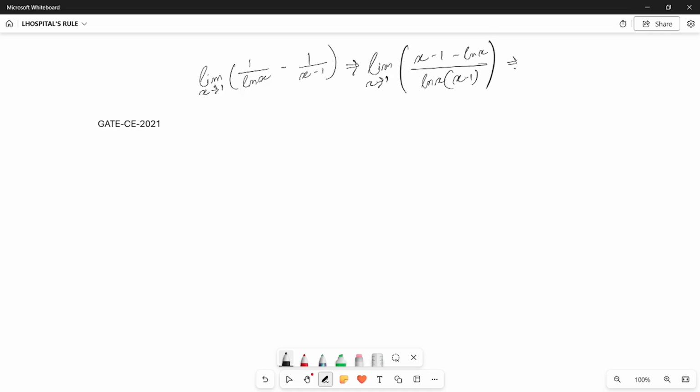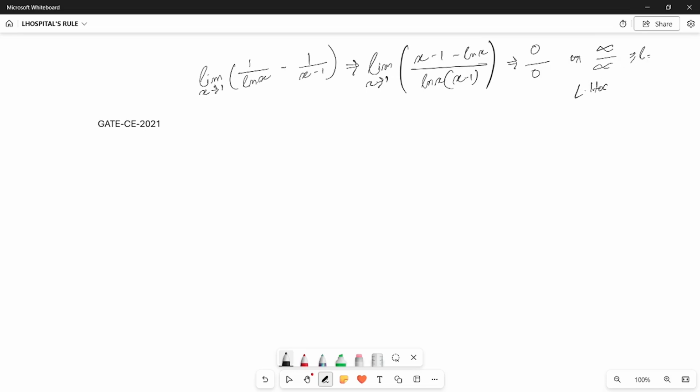You can identify that ln x means ln 1 equals 0, 1 minus 1 is 0, and this comes as a 0 by 0 fraction. When by putting the limit value in the function you get the final value like 0 by 0 or infinite by infinite, then we have to go for L'Hospital's rule.